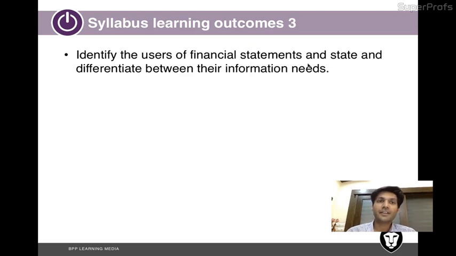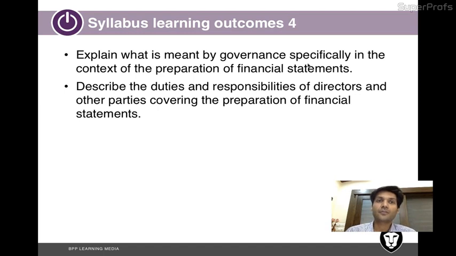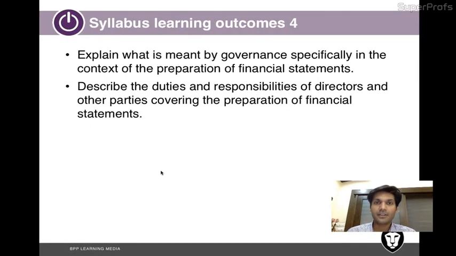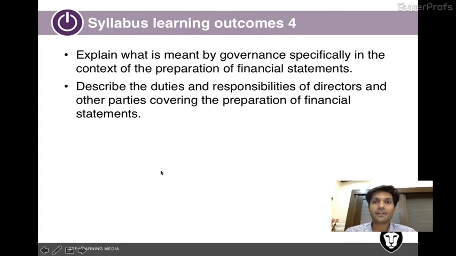Syllabus learning outcome 3: we need to identify the users of the financial statements, and state and differentiate between their information needs. Learning outcome 4: we need to understand what is meant by governance, specifically in the context of the preparation of financial statements, and we will also talk about the duties and responsibilities of the directors and other parties covering the preparation of financial statements.